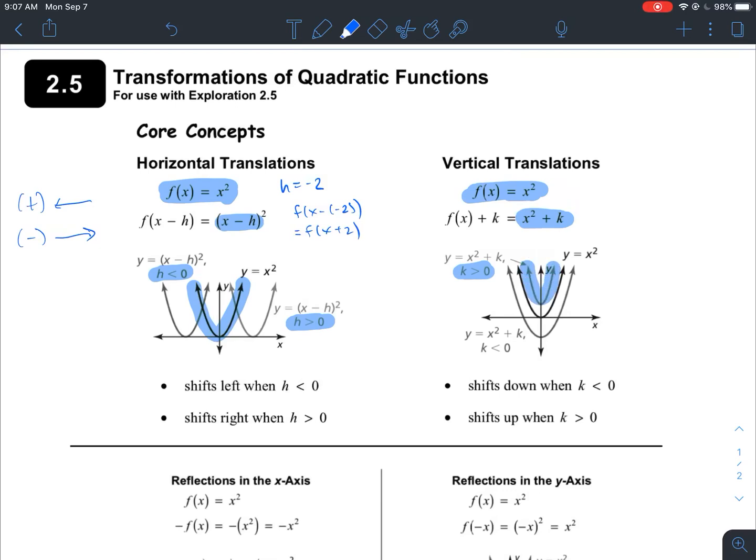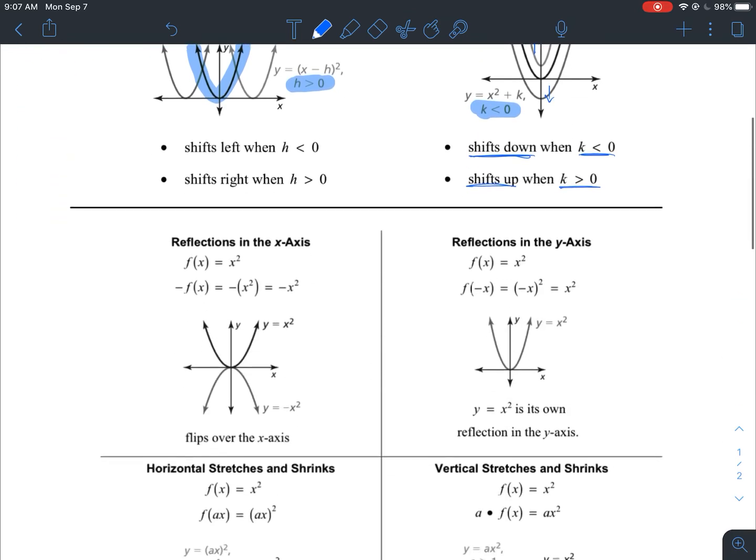You're moving your function upwards like that. And then when k is less than 0, you're moving your function downwards, moving it down. So it shifts down when k is less than 0, and shifts up when k is greater than 0.